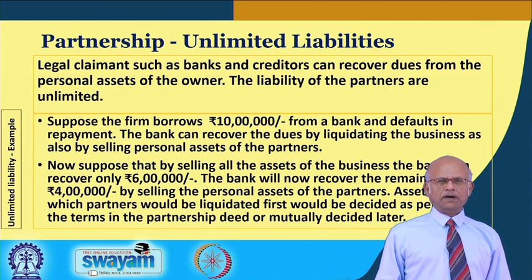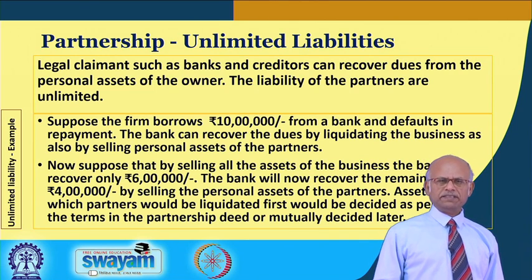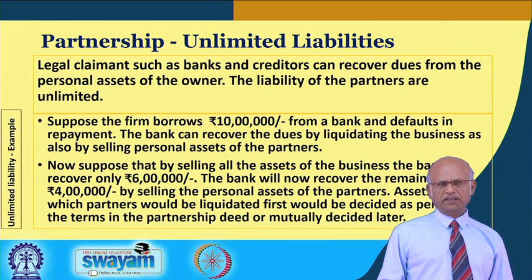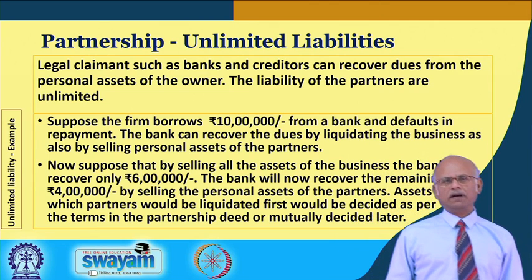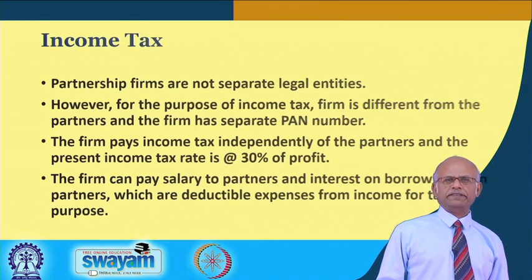Whose assets will be liquidated first is a decision that should be enshrined in the partnership deed, or they can decide moving forward, meaning whenever it arises they can decide as to which particular asset of which partner should be liquidated.